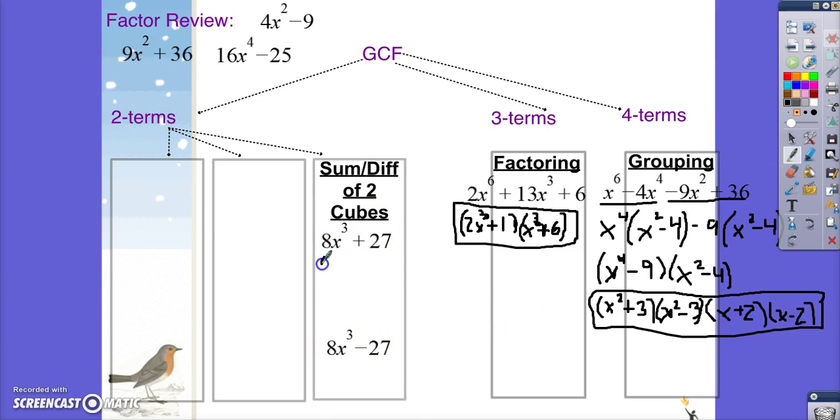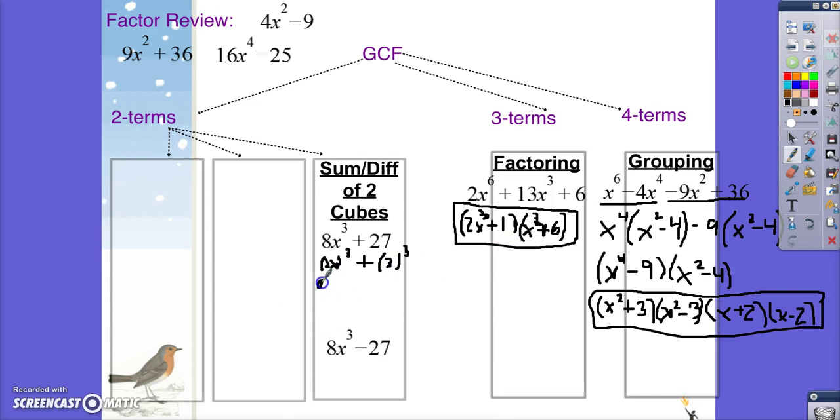How we set this up, if you remember, is quantity cubed plus quantity cubed. What cubed gives me 8x squared is 2x. And then this will be what, 3?